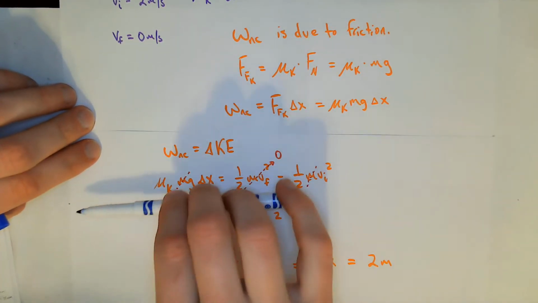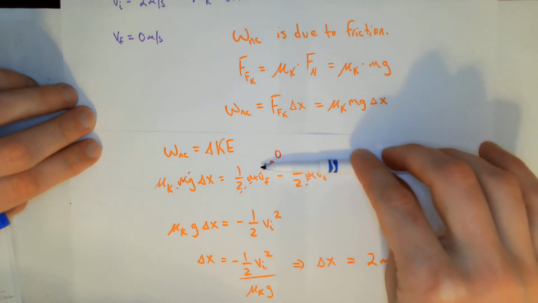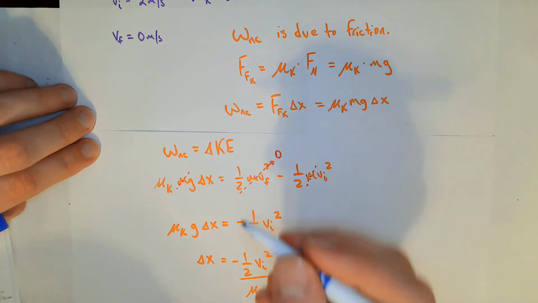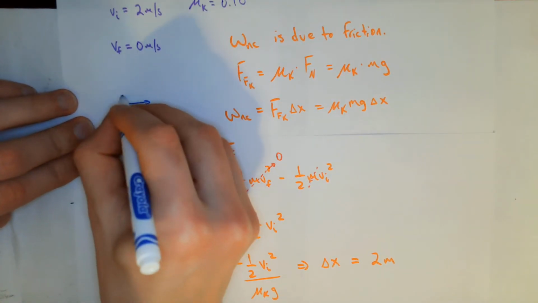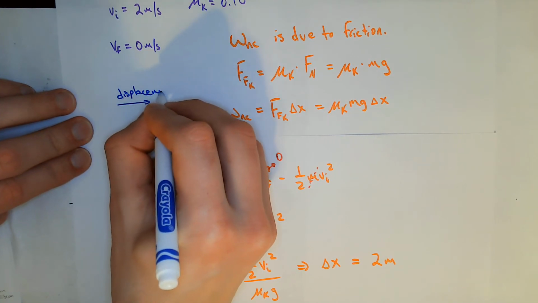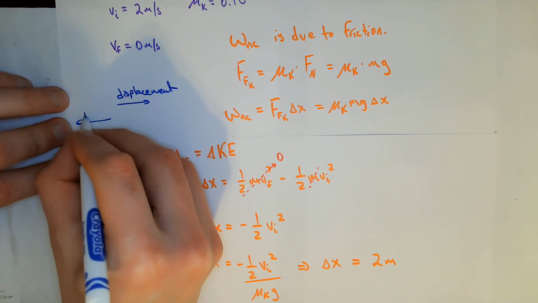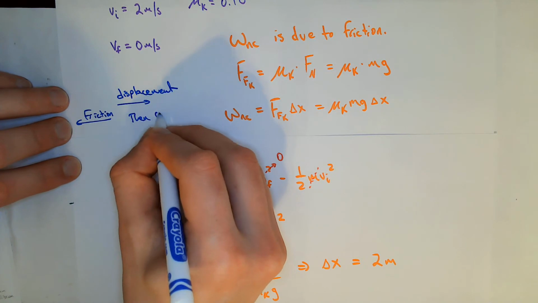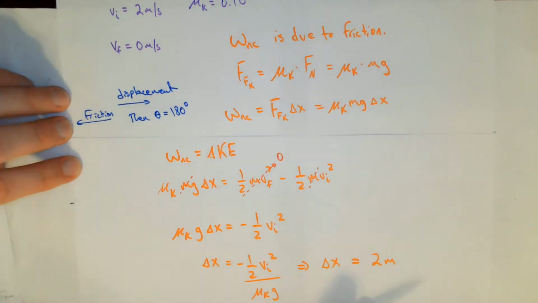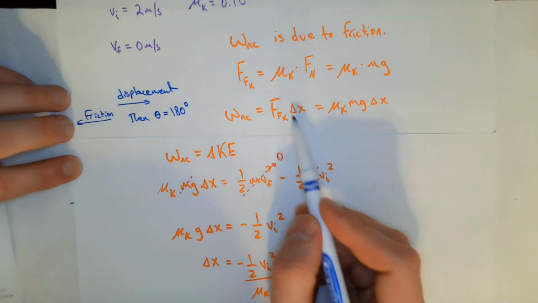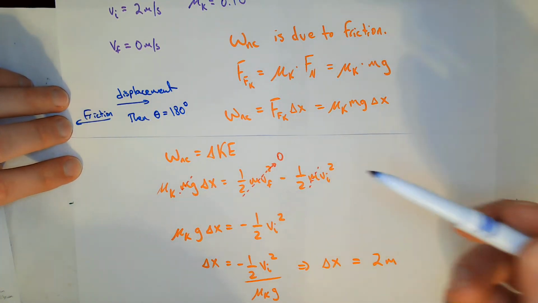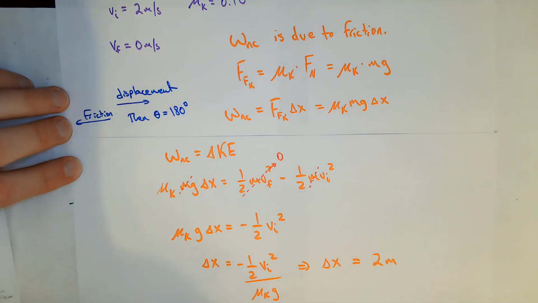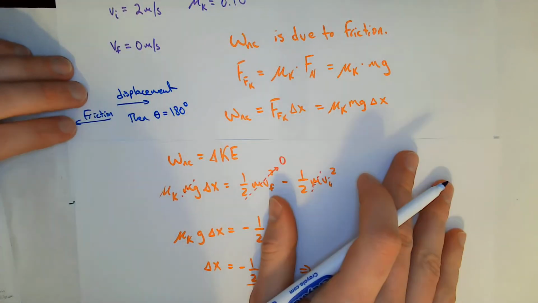If the sled is being pushed to the right, displacement is to the right, but which direction is friction pushing? To the left. So displacement is this way, friction is this way. Then theta, what's the angle between them? 180 degrees. So really what I should have done, all the way back, is go to the very beginning definition of work, that talks about cosine of theta.